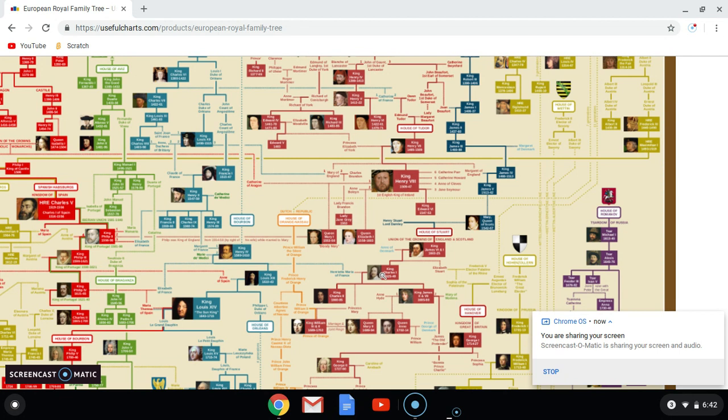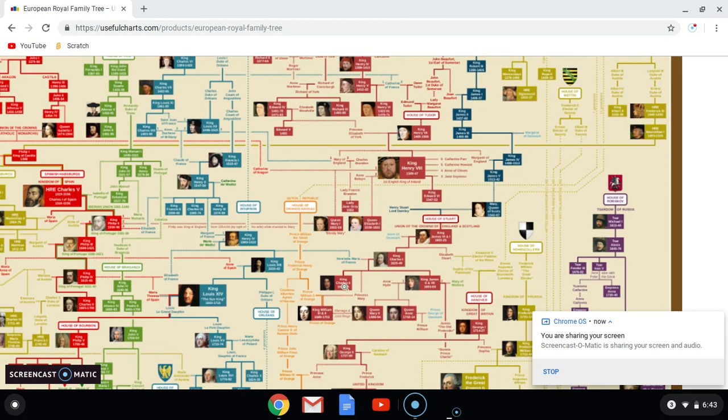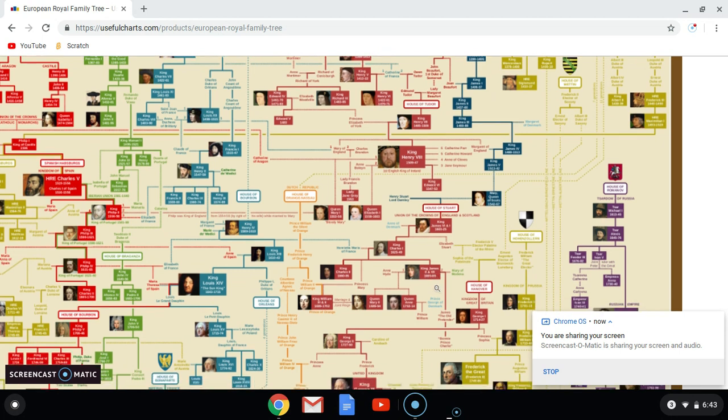After him, it goes Charles I, then Charles II, followed by James II and the Seventh. After that, it goes Mary II, who had a joint rule with King William III, and then Queen Anne.